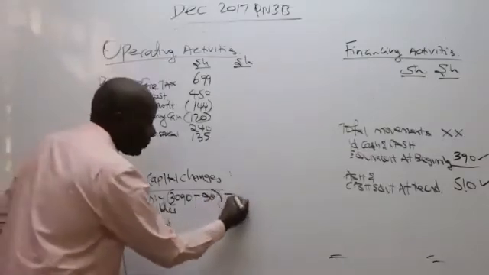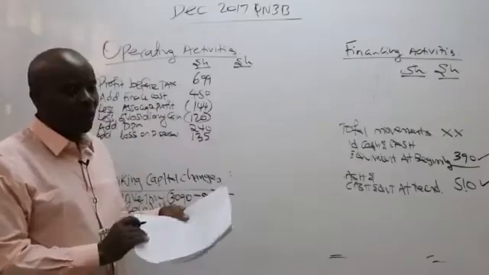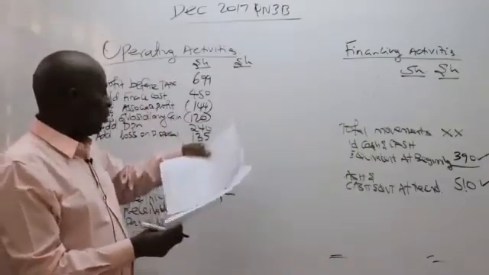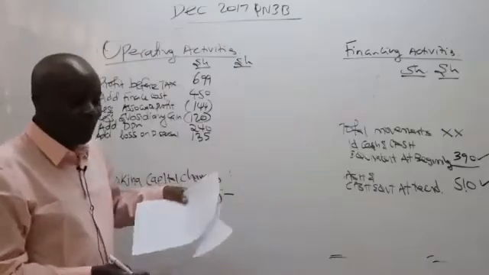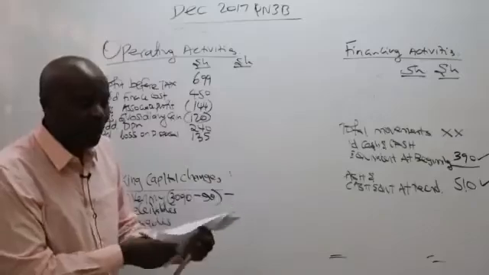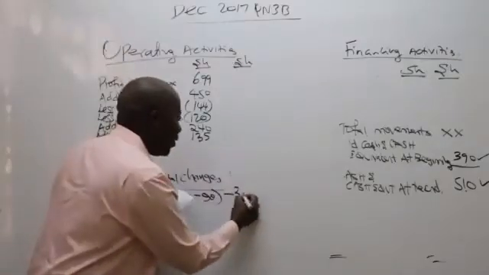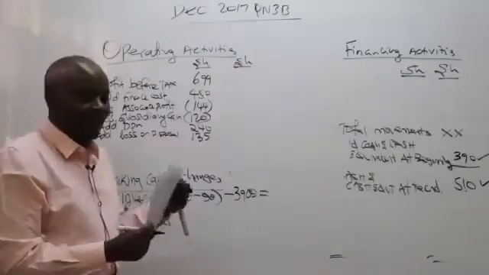And then I come and subtract the closing inventory for the entire group. Closing inventory for the entire group is how much? 3900. What is the total figure at the end of the day?